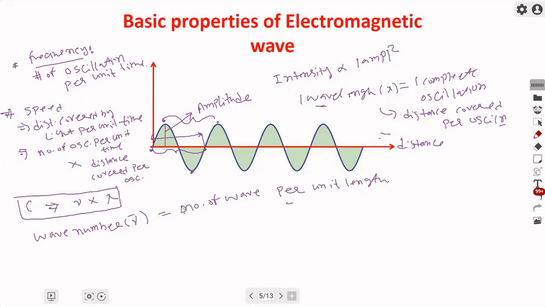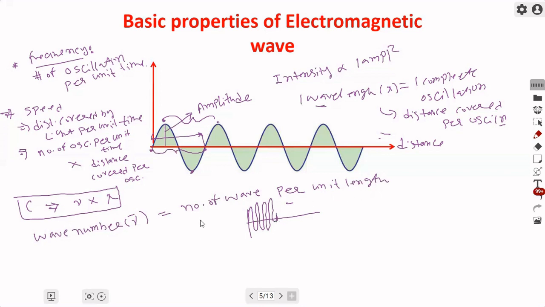So what happens when the wave number is large? That means a large number of waves are present in a certain distance, so the number of oscillations is also increasing.